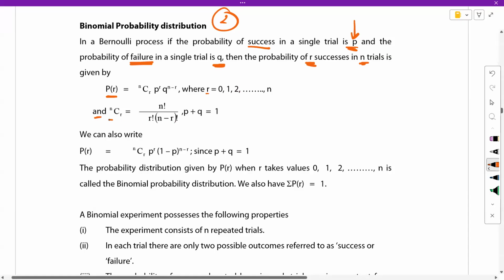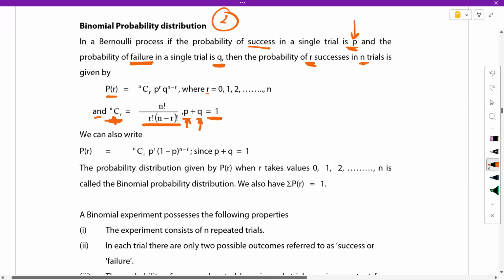And how do we calculate nCr? It's a combination, not a permutation. We use this formula: n factorial divided by R factorial times (n minus R) factorial. And remember, P plus Q, the probability of success plus the probability of failure, always equals 1.